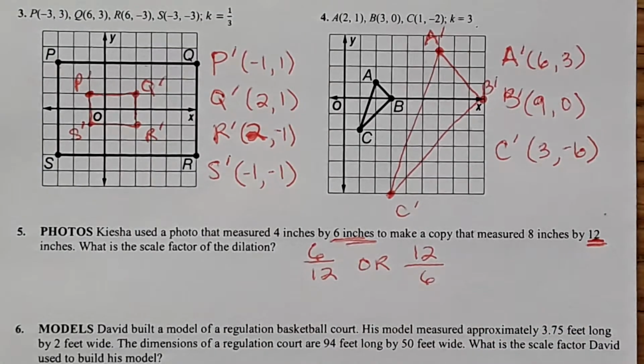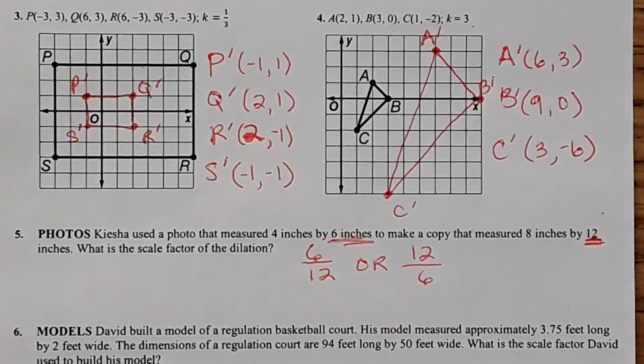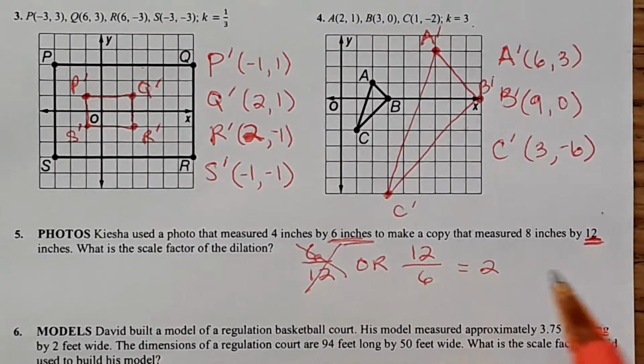12/6? So if I think about this, I know if I go from 4 by 6 to 8 by 12, it's getting larger. That means I need a scale factor greater than 1. 6/12 is 1/2. That's less than 1. I don't want that. Instead, 12 divided by 6 is 2.